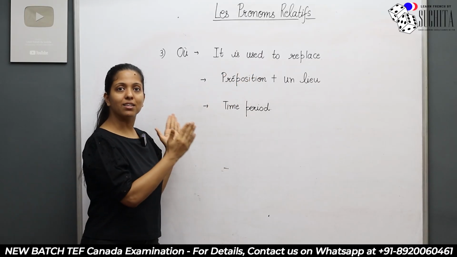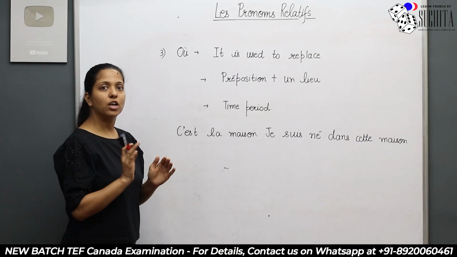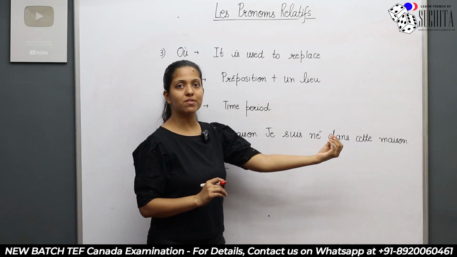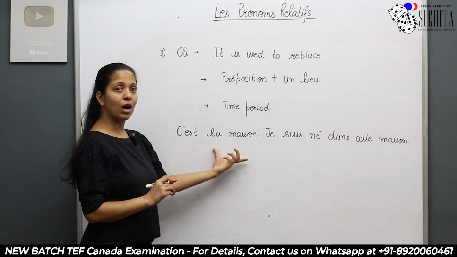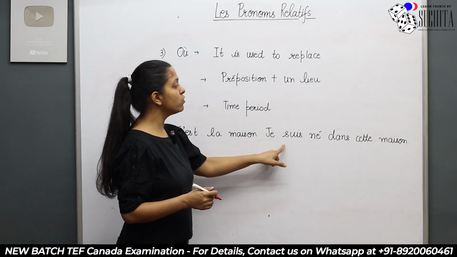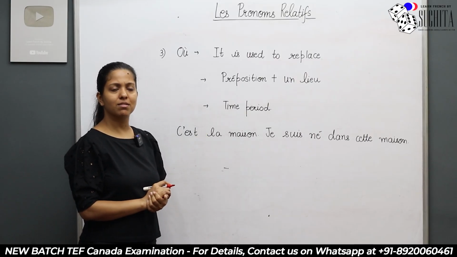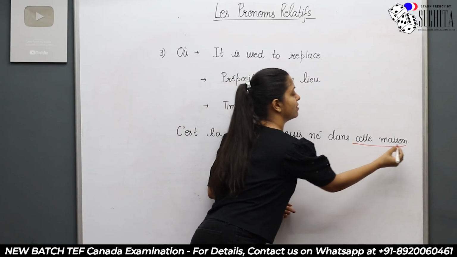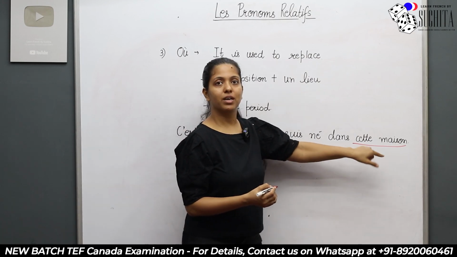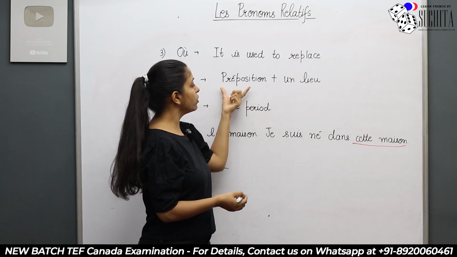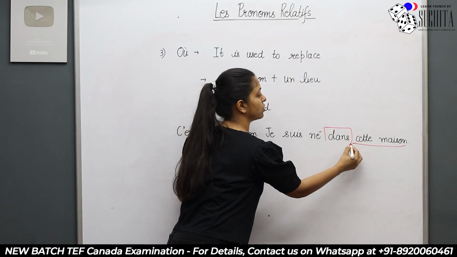So, we'll understand this through an example. The example is, c'est la maison. Je suis né dans cette maison. So this is the house, or it is the house. I was born in this house. Now what is the repetition in the second sentence? The repetition is cette maison, right? This house is a place, and before that, do you see there is a preposition?